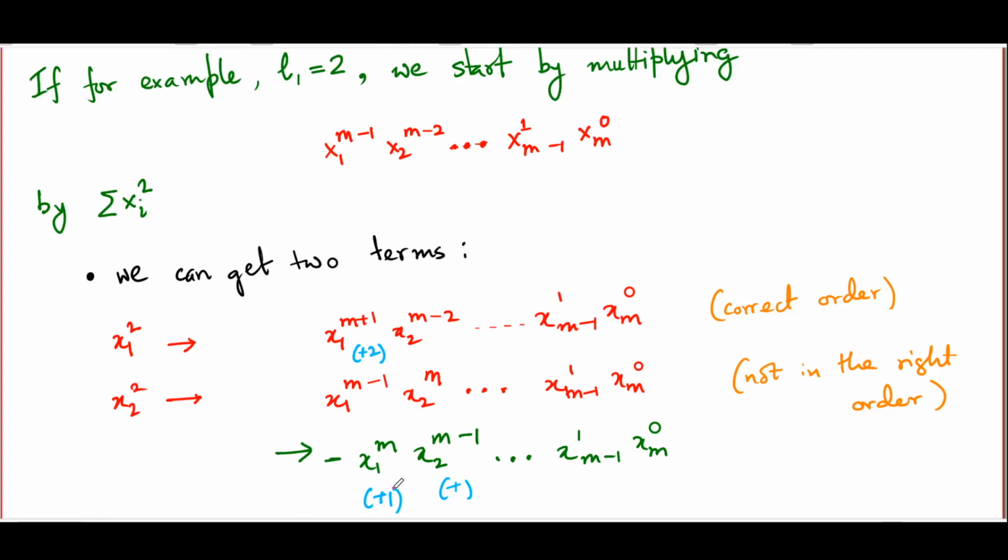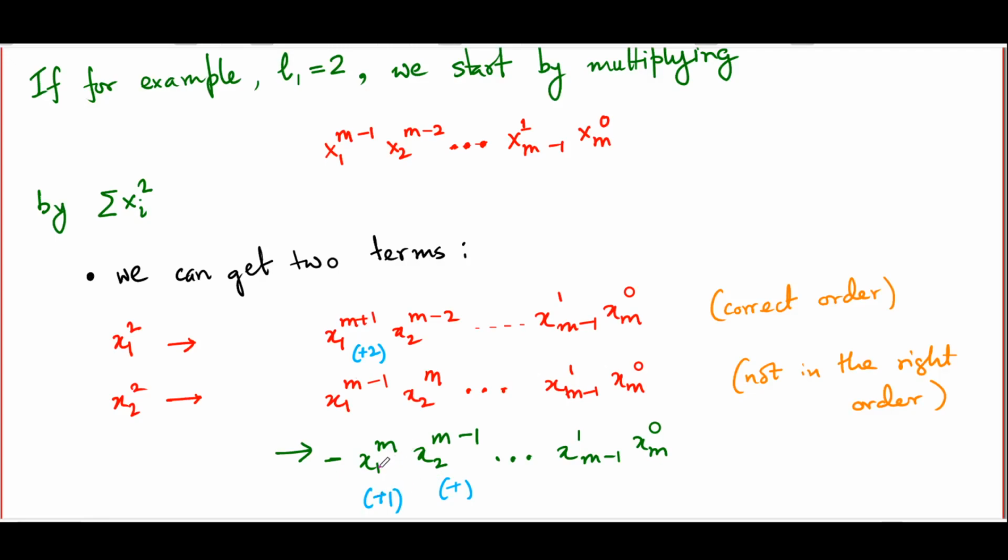And note that as a result of this, finally, compared to what you started out with, x1 and x2 have risen in power by plus 1 each. So here you had the first thing increasing in power by 2 without any change of sign.